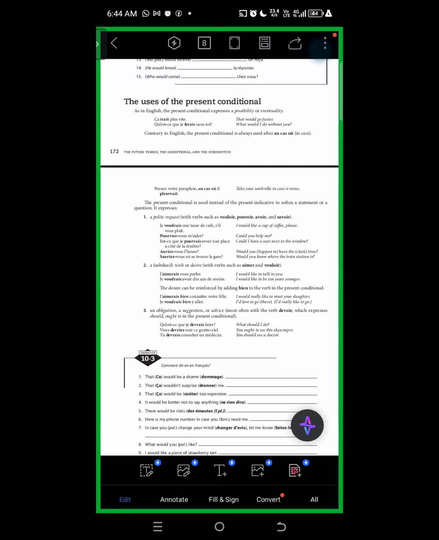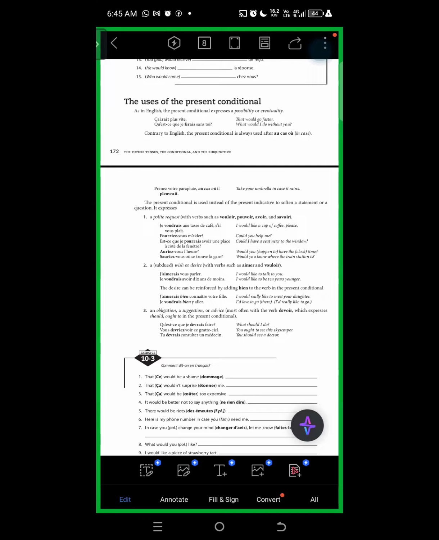The present conditional is always used after in case. Prenez votre parapluie au cas où il pleuvrait.